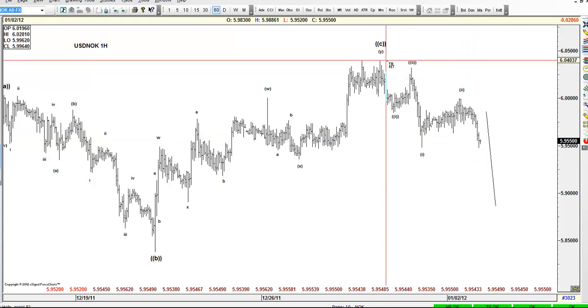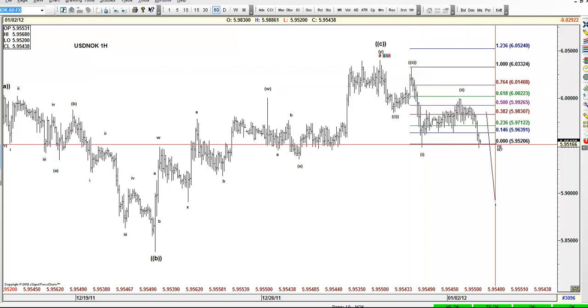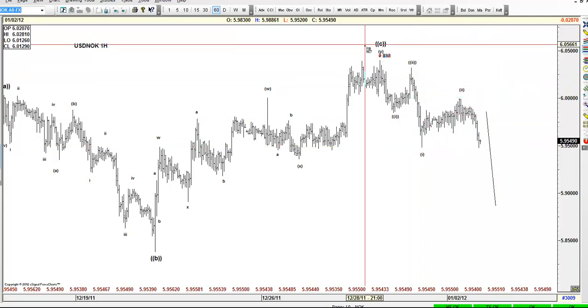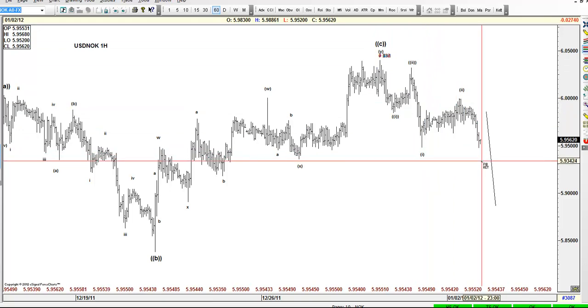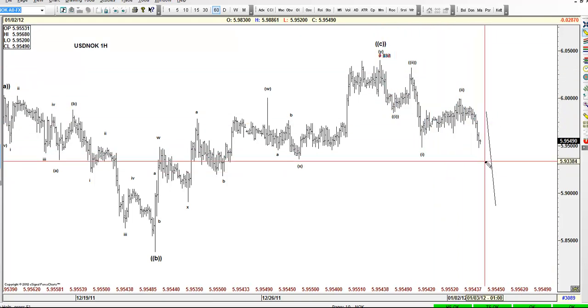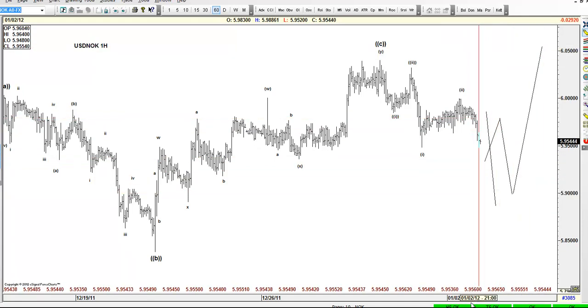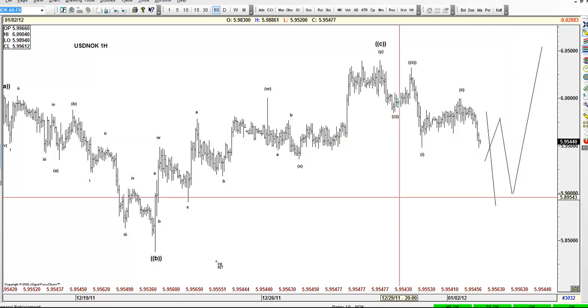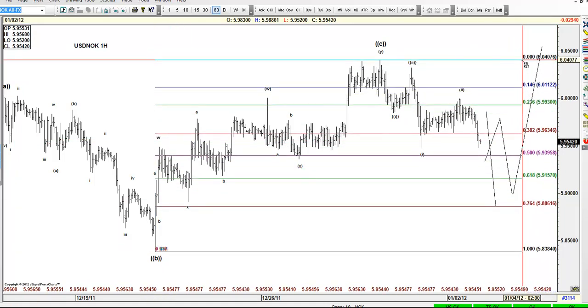I see it more like 1, 2, and then this one, 1, 2, both correlating to the 618. That's a very bearish proposition because this is going to make 5 swings. The only bullish scenario there is this, that is going to go to around 591, 588 before going higher.